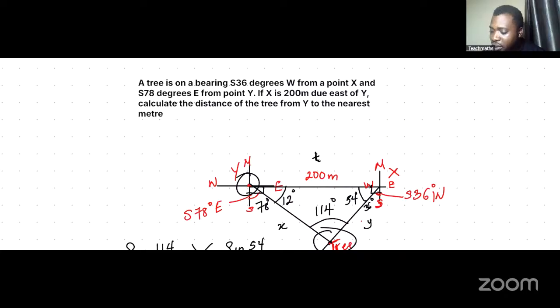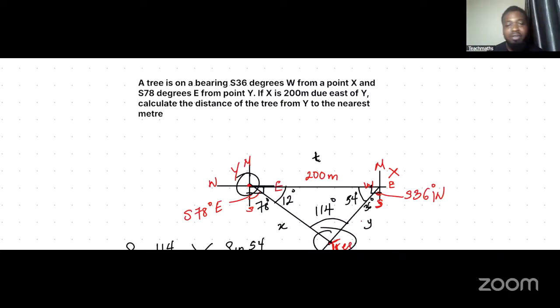So at this point now, we have x sine 114 equals 200 sine 54. When I divide by the coefficient of x, I have 200 sine 54 over sine 114. And so this is x equals 200 times sine 54.